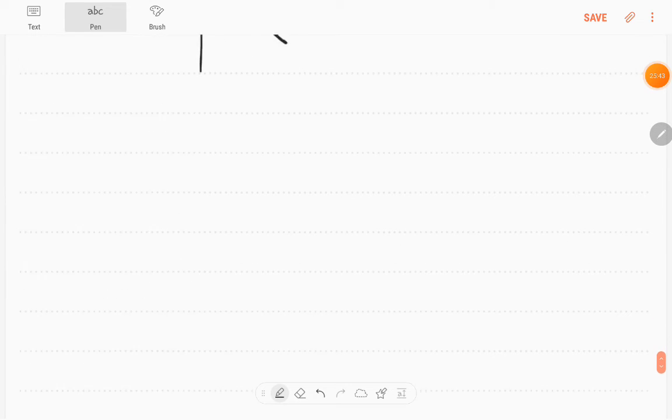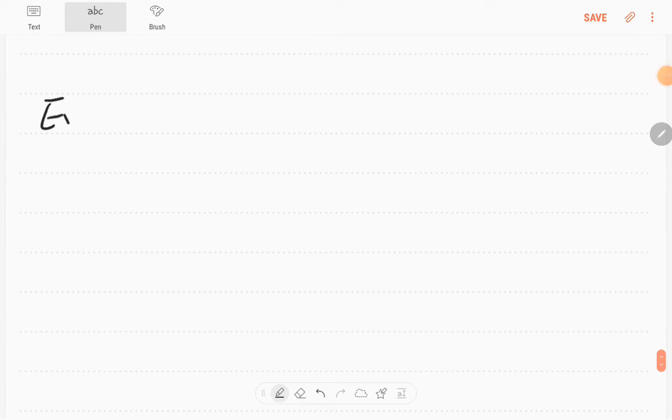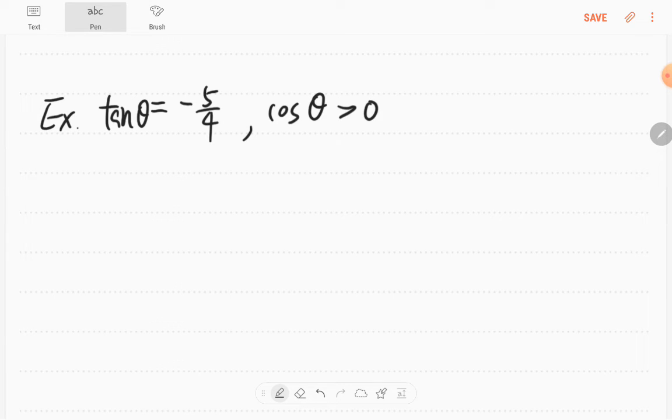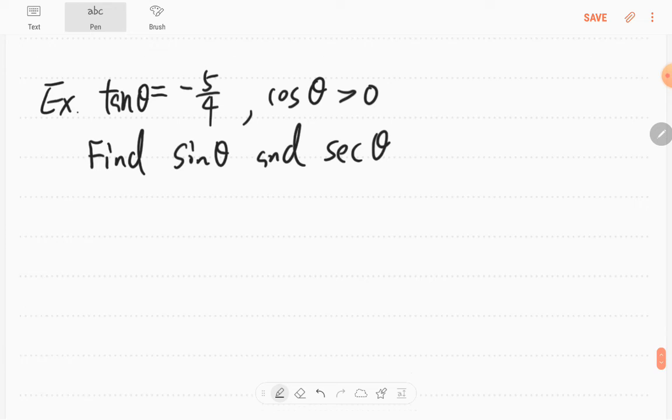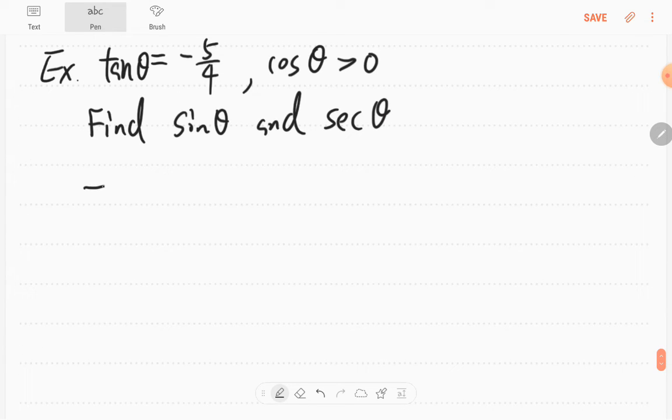Okay, so now let's look at the last example. If tangent theta equals negative 5 over 4 and cosine theta is positive, then we need to find sine theta and secant theta. So the first thing is tangent theta is negative, which is less than 0.